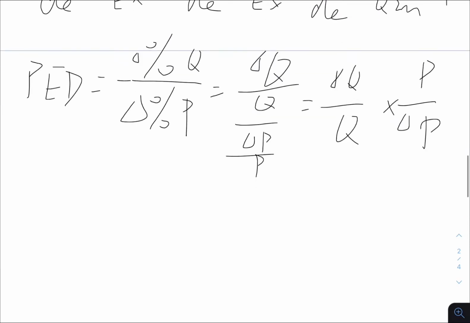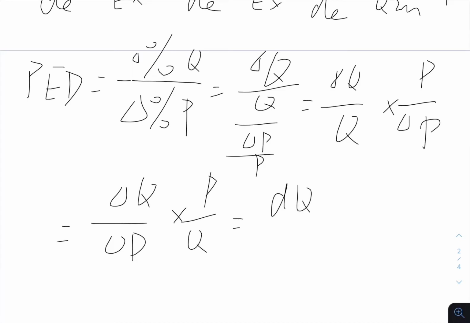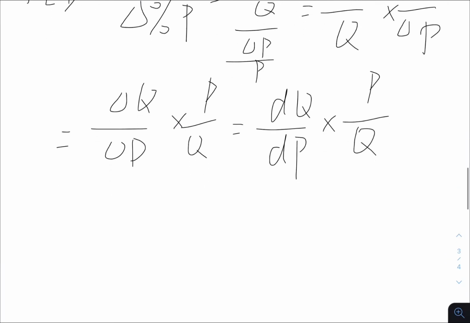Then we further simplify this. And we notice that the P here equals the exchange rate.